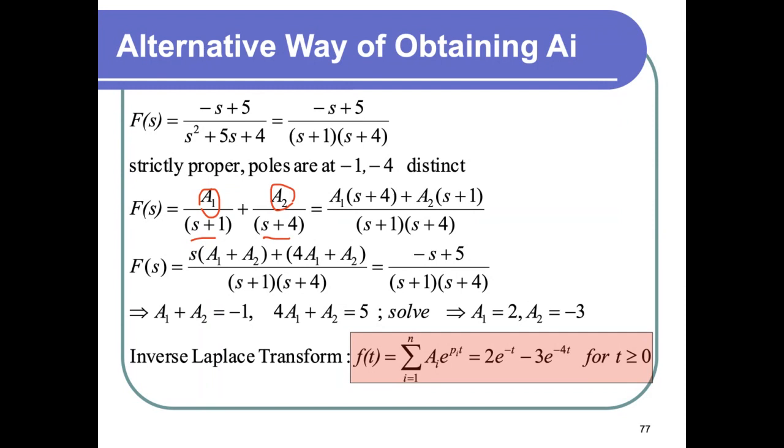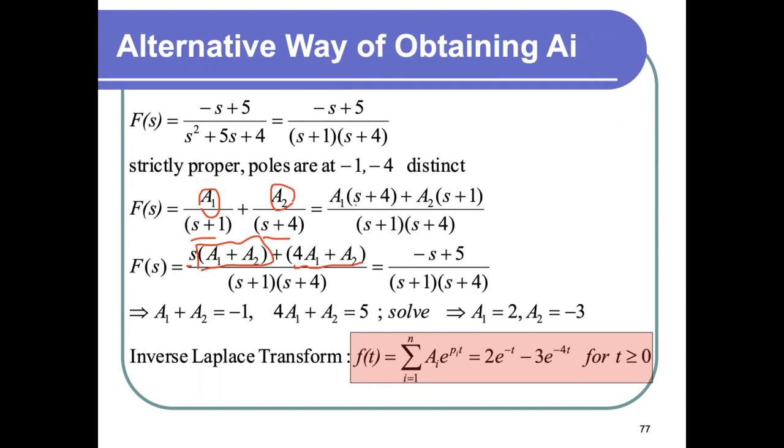After the partial fraction, you take a common denominator, and then you have A1 times s plus 4, A2 times s plus 1. After that common denominator, after you take s as a common factor, you have A1 plus A2 multiplied by s, and then you have 4A1 plus A2.